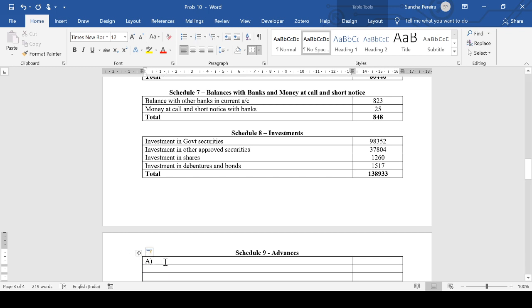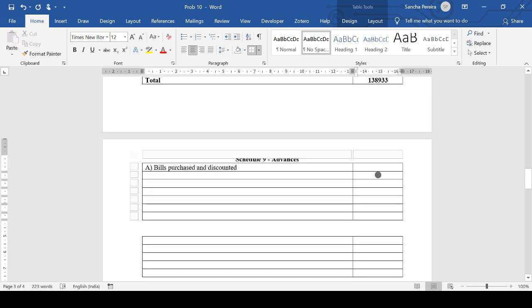The first thing that we have here is bills purchased and discounted, which is 218.53.